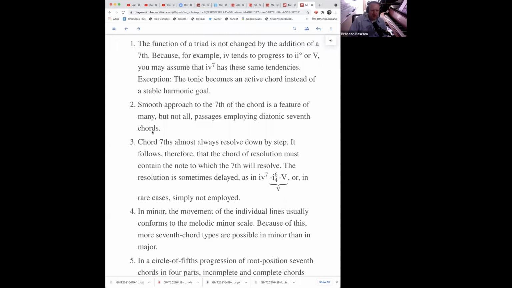Next. A minor 7. A minor 7. Good. And D minor 7. D minor 7.